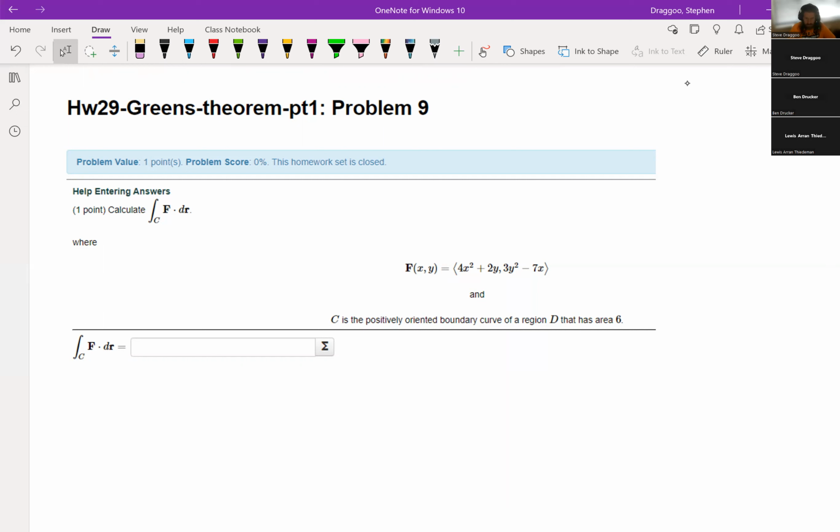It doesn't tell us hardly anything about this curve or that region, but it tells us precisely enough to evaluate this the easy way.